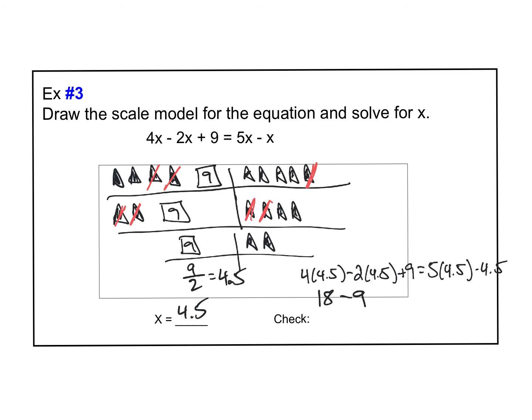Minus 2 times 4.5 is 9 plus 9. 5 times 4.5 is 22.5 minus 4.5. 18 minus 9 plus 9 gets us to 18. 22.5 minus 4.5 is also 18.